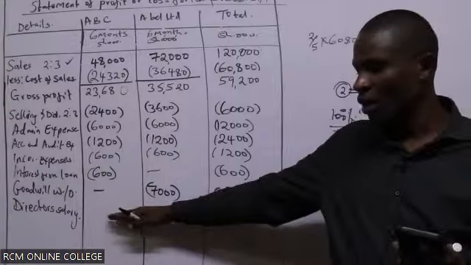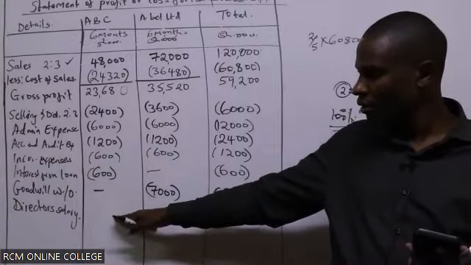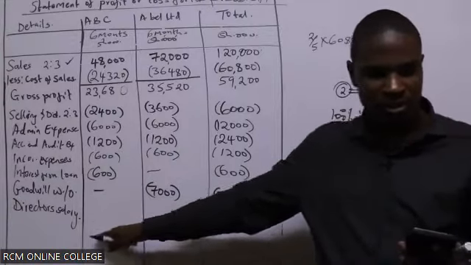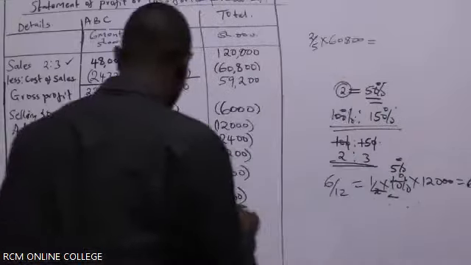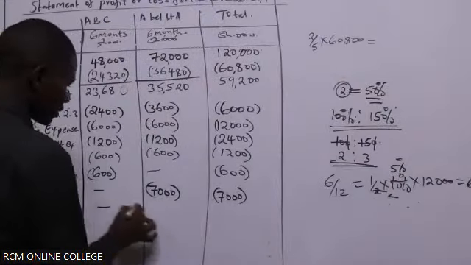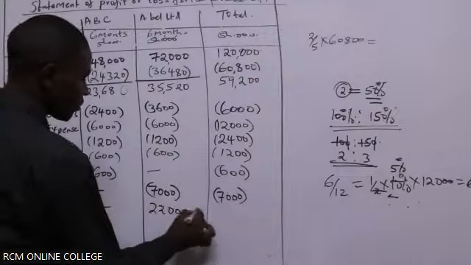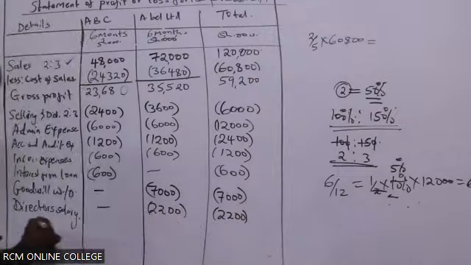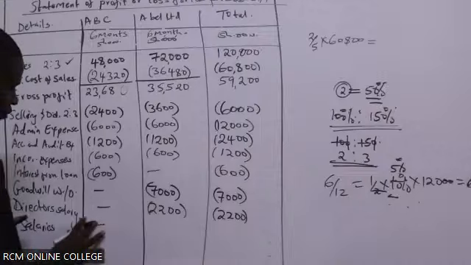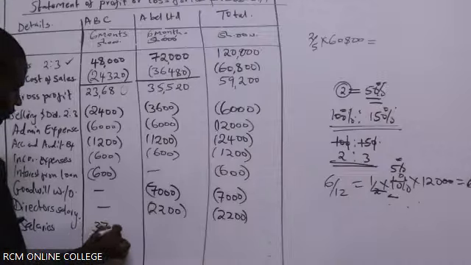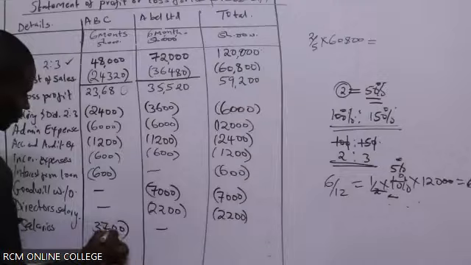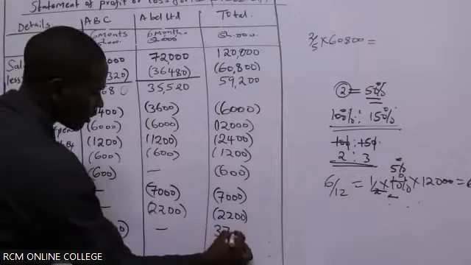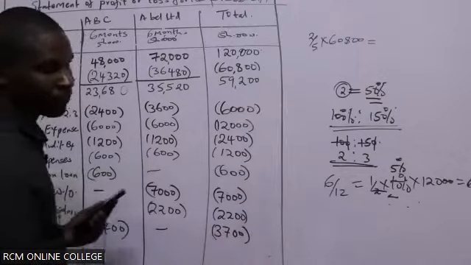So we're going to have 3,700. Hii ni direct, haikuwa na mapingamizi. Tunachotaka ni hii salaries za partners. Hii inakuwa 3,700.